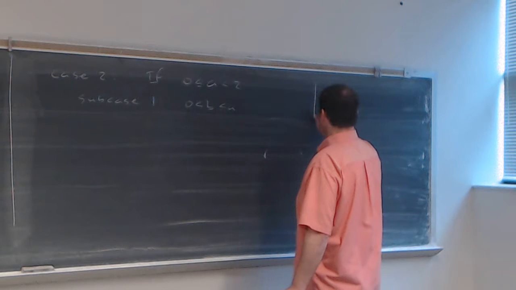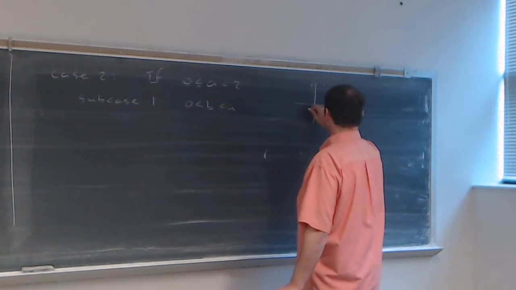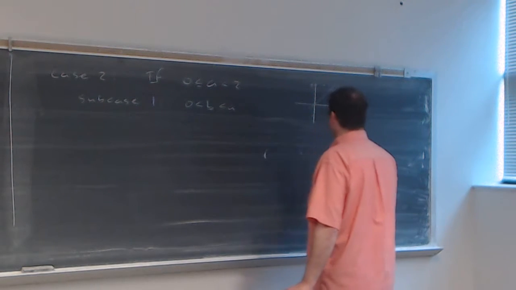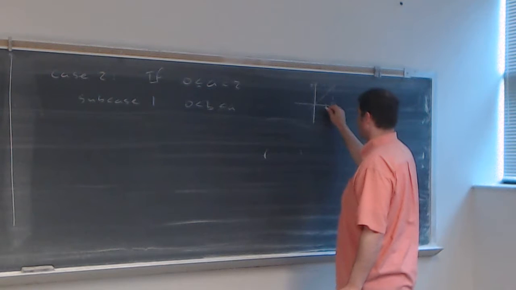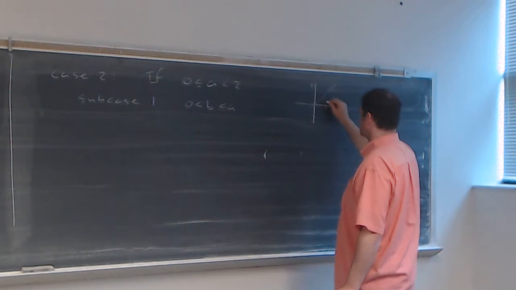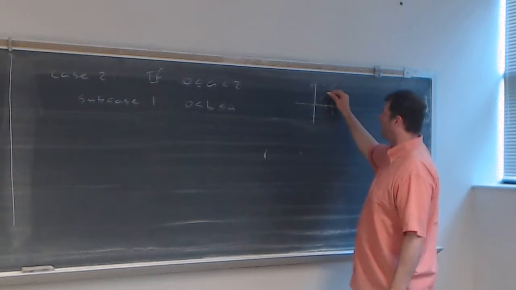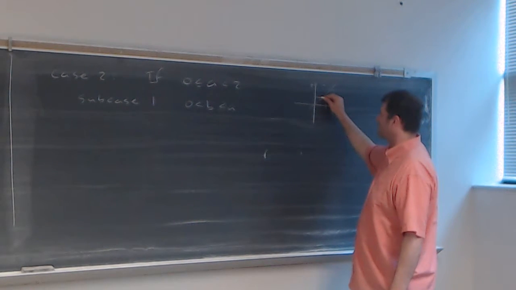And in this particular subcase, here's 2, here's 2. We're looking at this square. What I've got is A is somewhere here, let's say. Okay. So this is A. And what I want to look at is the case where B is less than A. That would be something like this.